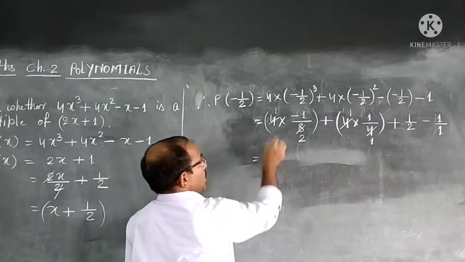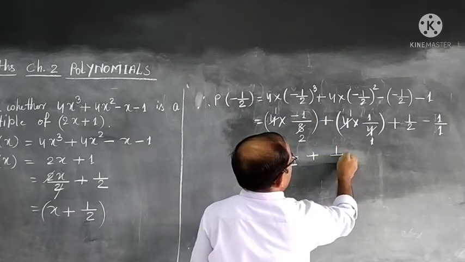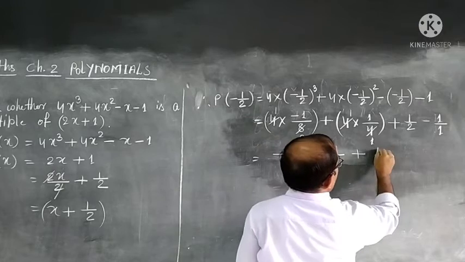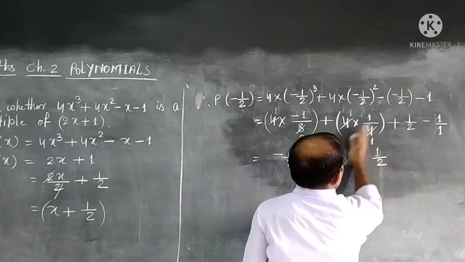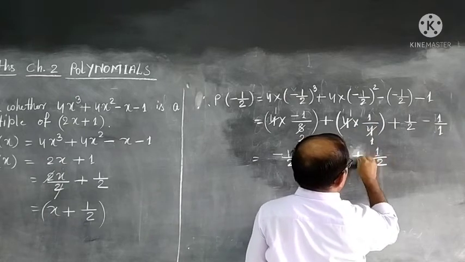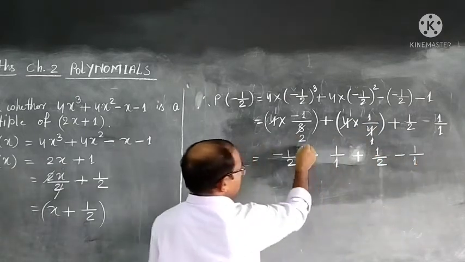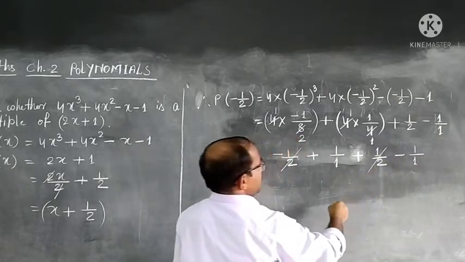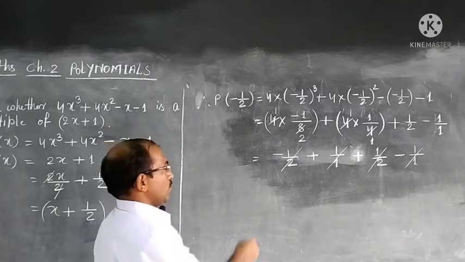Then minus 1 by 2 plus 1 by 1 plus 1 by 2, plus 1 by 2 minus 1 by 1. What we see here: minus 1 plus 1 will be 0, again 1 plus 1 minus 1 is 0.